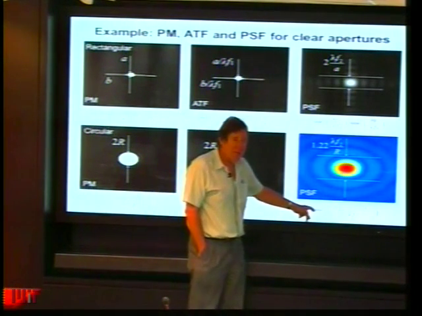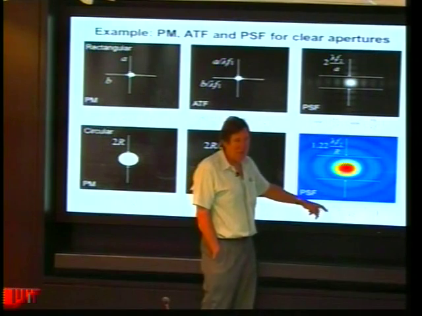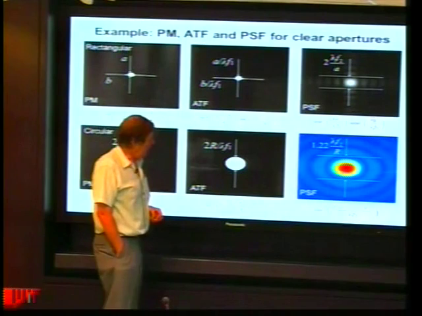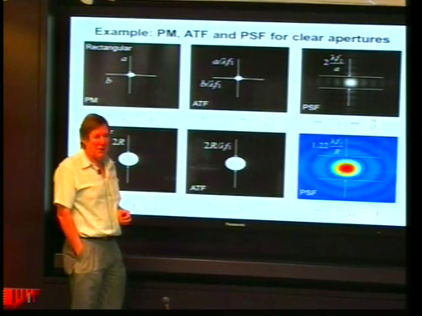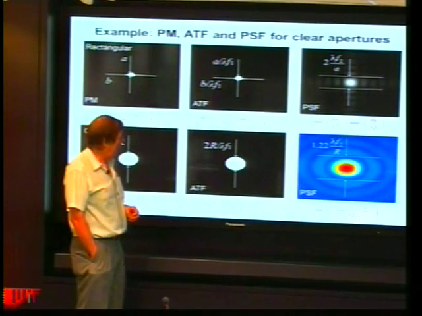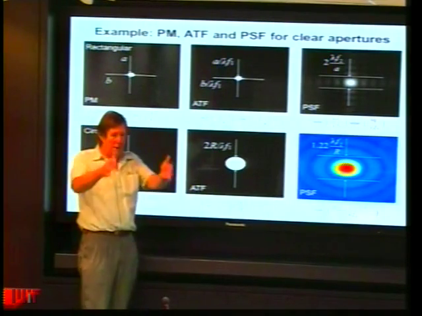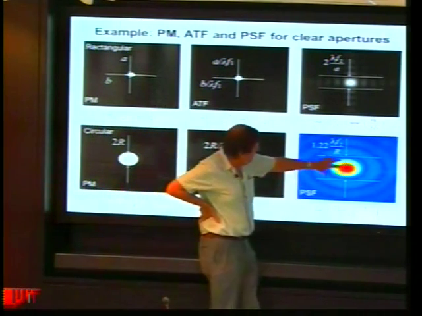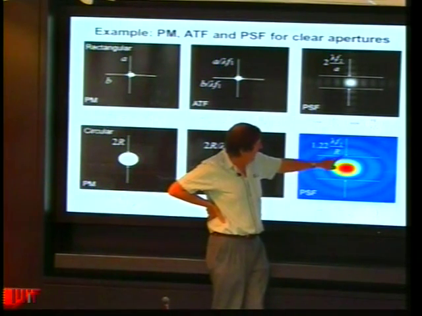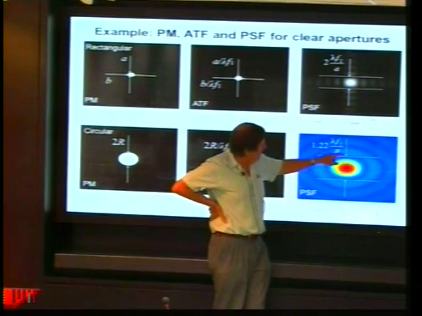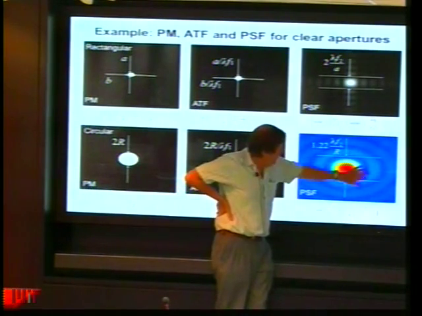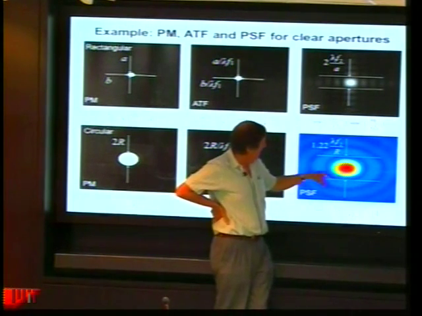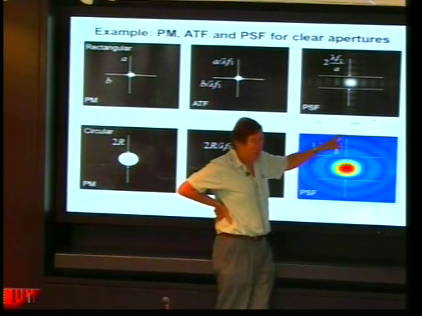You've defined this jinc function, which is basically 2 J1 of something over something. So this is our normal Airy disk, the image of a point object, which has a central bright spot, and then a dark ring, and then some bright rings, not so bright, and then another dark ring, and so on.